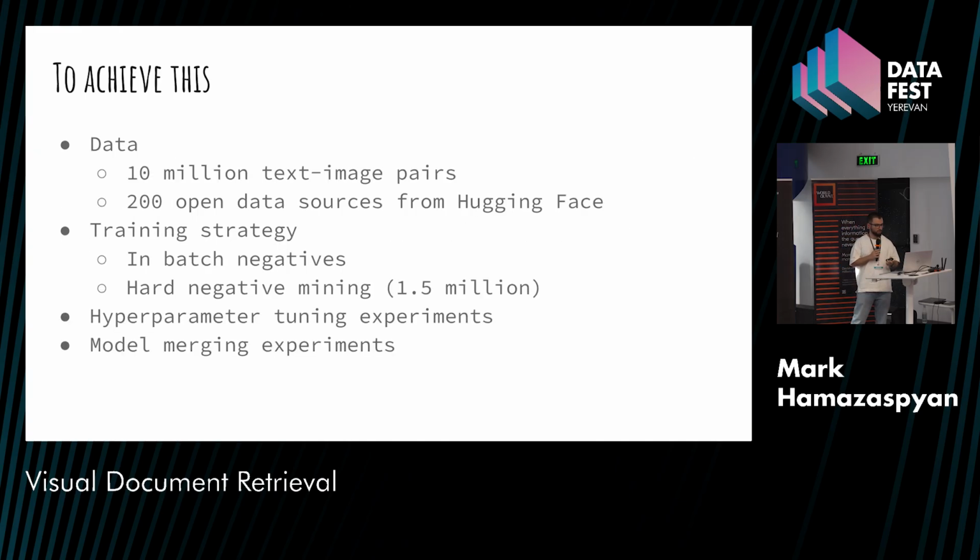As we did this image embedding experiment, the last one with this course, we added a lot of other things, and we spent a lot of compute and time gathering specifically document data. We went over 10 million text image pairs.